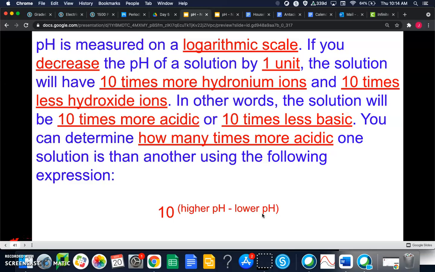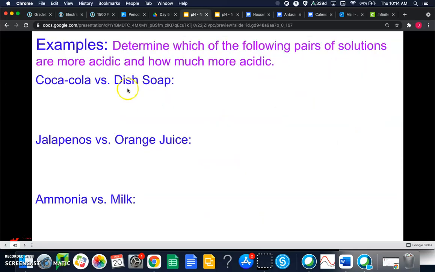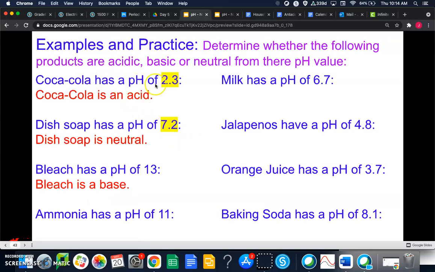So let's try and use that formula to do a few example problems. So here we're going to compare Coca-Cola and dish soap. So here's Coca-Cola. Coca-Cola has a pH of 2.3. Dish soap has a pH of 7.2. So we know that the Coca-Cola is more acidic because the pH is lower. So look at your numbers, whichever one is lower, that'll be the more acidic thing.